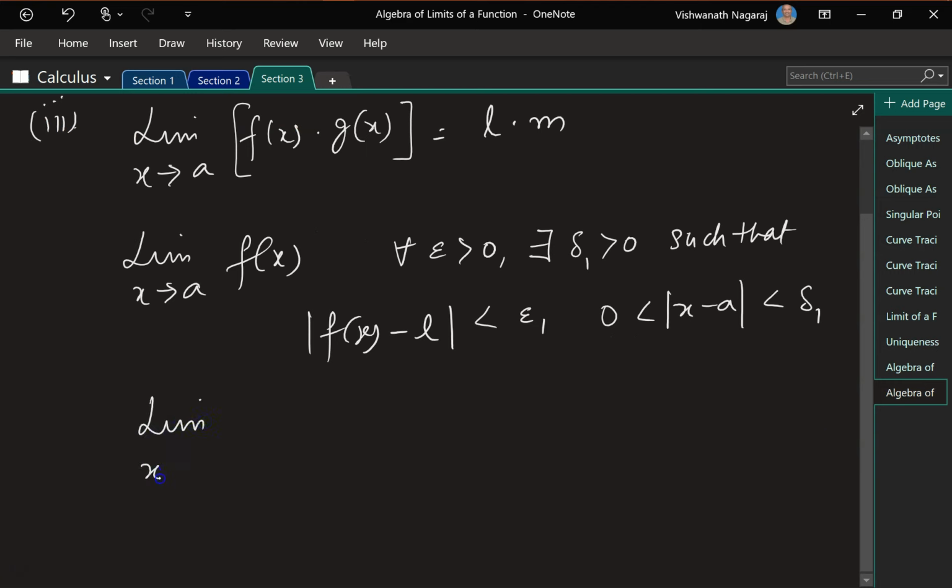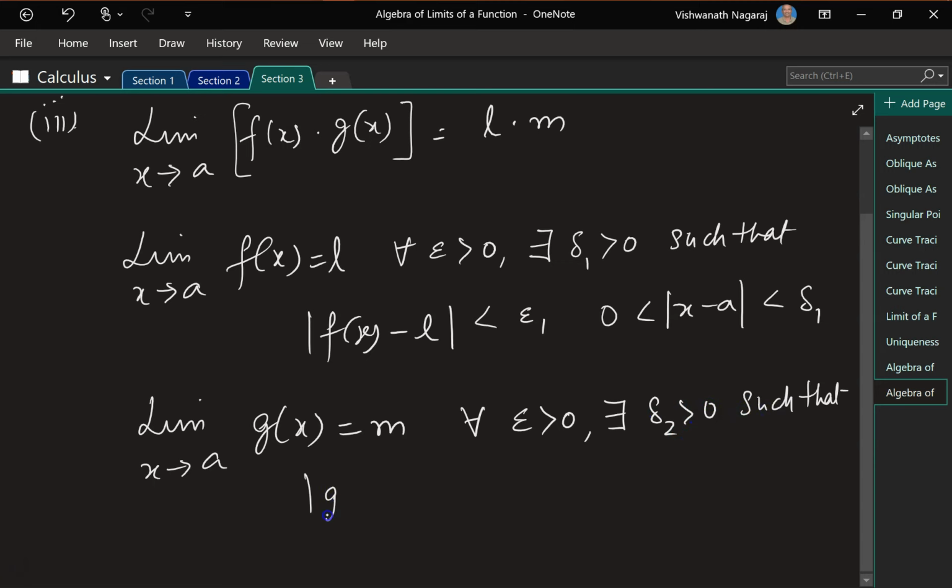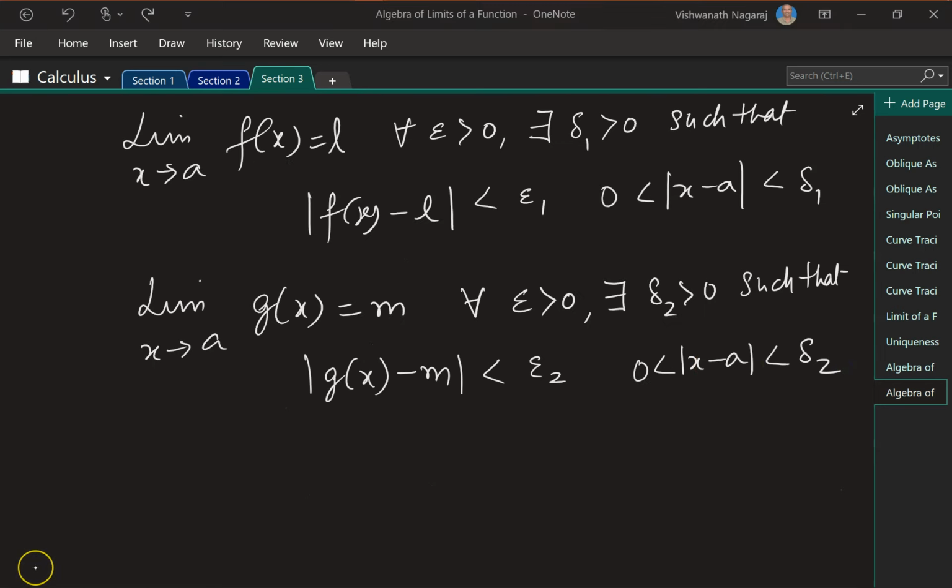the limit as x approaches a of g of x, here I missed writing equal to L, equal to m, means for all epsilon greater than 0 there exists delta 2 greater than 0 such that the absolute value of g of x minus m is less than epsilon 2 for all x where 0 is less than the absolute value of x minus a, which is less than delta 2.